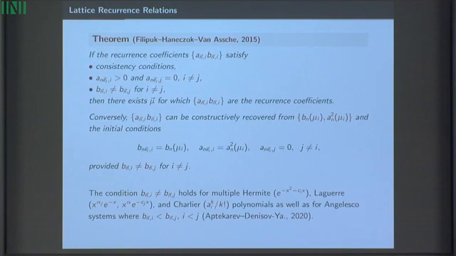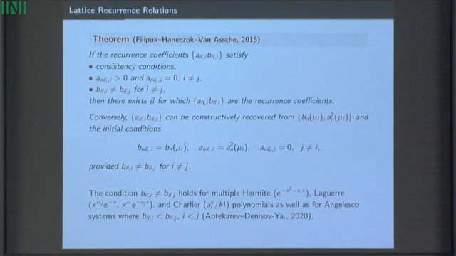Then what's true about the coefficients of the multiple recurrences is that on the marginals, b_{n e_i} is exactly b_n of the measure mu_i, and a_{n e_i} is exactly a_n squared of mu_i. And the rest of the recurrence coefficients can be built out of the marginals that you're given here. You can use them as the initial conditions, and then you can use the consistency conditions.